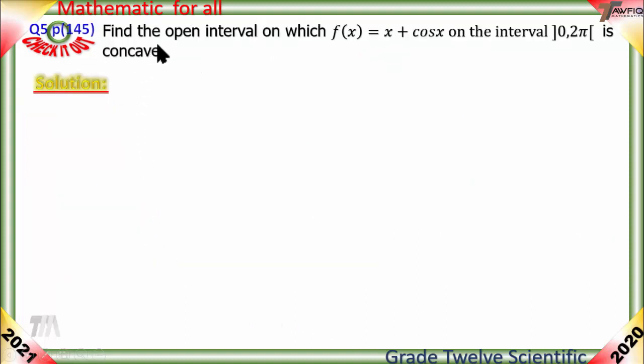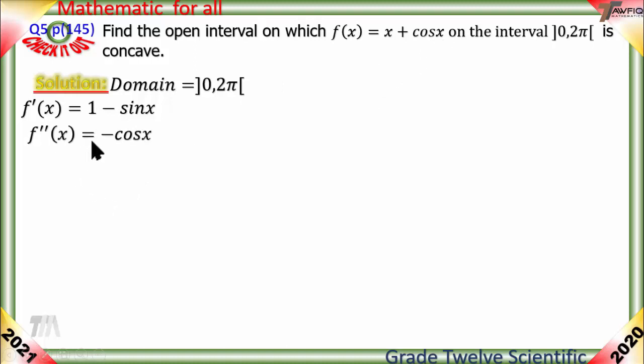And now find the open interval on which f of x is equal to x plus cosine x on the interval 0 to 2 pi is concave. The domain of this function is from 0 to 2 pi. The first derivative: the derivative of x is 1, the derivative of cosine is minus sine.